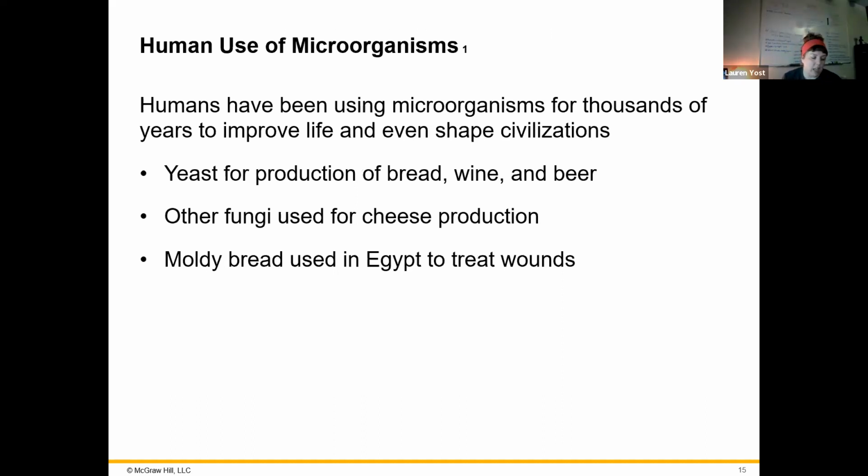Okay, so we obviously have used microbes for years and years and years to help make our foods, or leading into making antibiotics. Our first antibiotic, penicillin, was basically made from observing mold. It was observed that bacteria wouldn't grow near the mold.